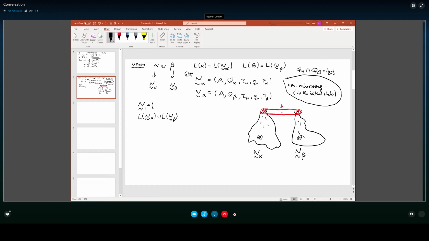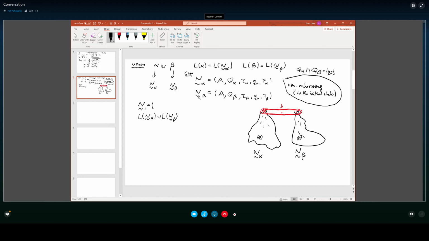Professor, could you tell us again what Q does? Capital Q alpha, or capital Q, is the set of states. So Q sub alpha is the set of states of the automaton N sub alpha. Q sub beta is the set of states for the non-deterministic finite automaton N sub beta.